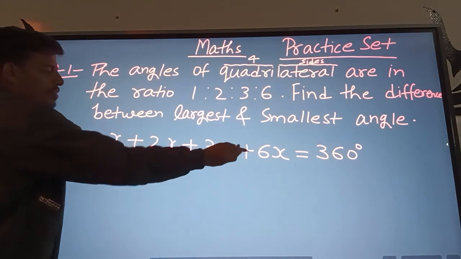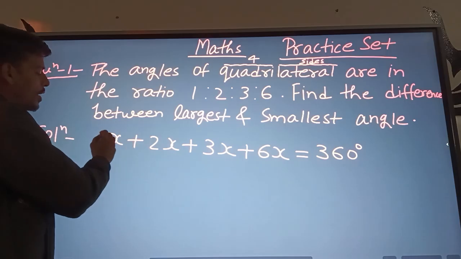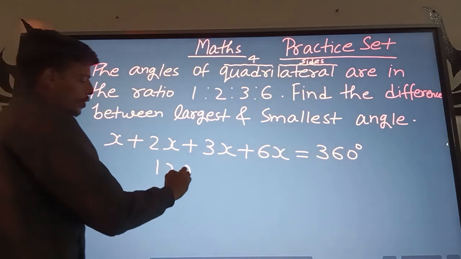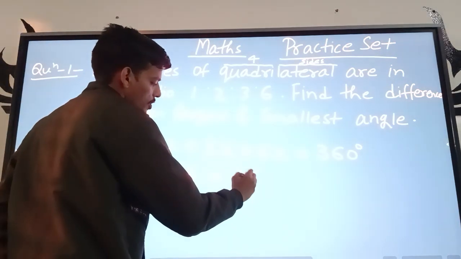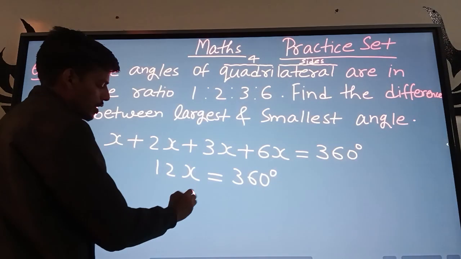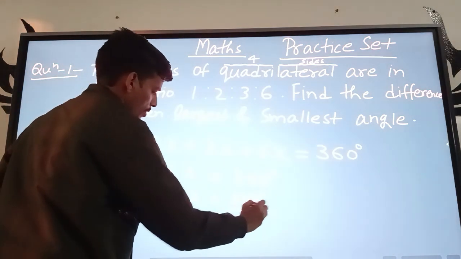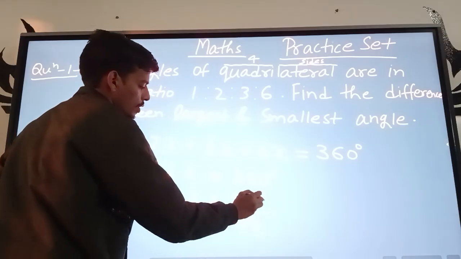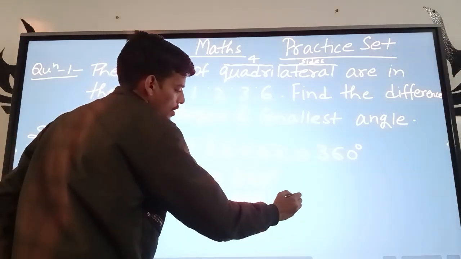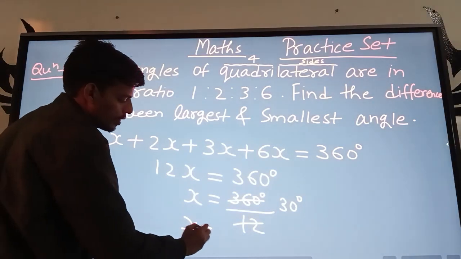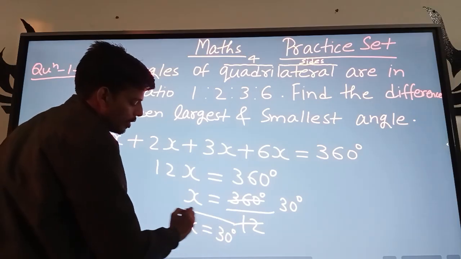Now 6 plus 3 is 9, 9 plus 2 is 11, and 1 makes 12. So 12x equals 360 degrees. Now x equals 360 degrees upon 12, so x equals 30 degrees.